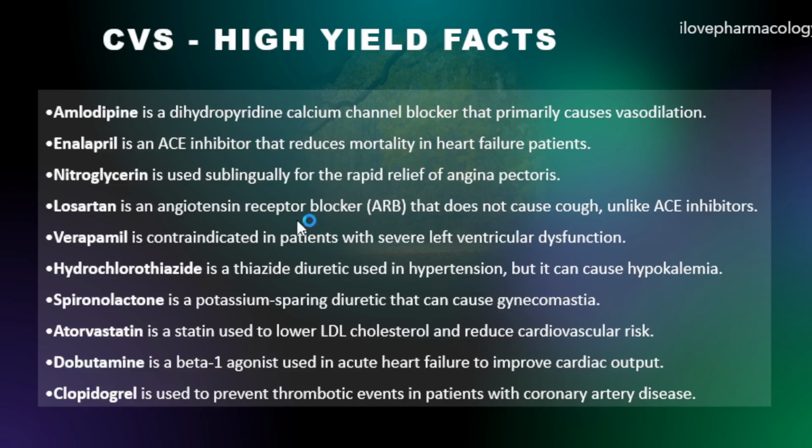Next is rivastigmine. Rivastigmine is a cholinesterase inhibitor used in the treatment of Alzheimer's disease. And next, moving on to the cardiovascular system. Amlodipine is a dihydropyridine calcium channel blocker that primarily causes vasodilation. Enalapril is an ACE inhibitor that reduces mortality in heart failure patients.